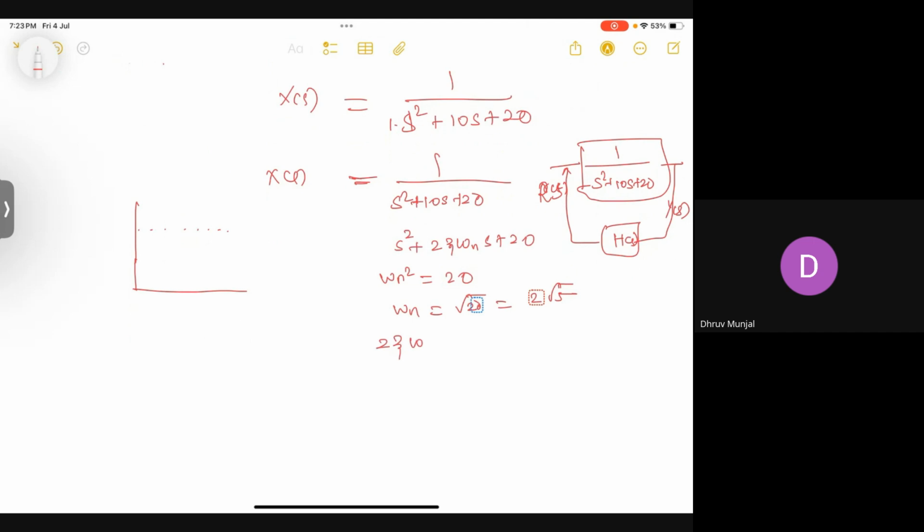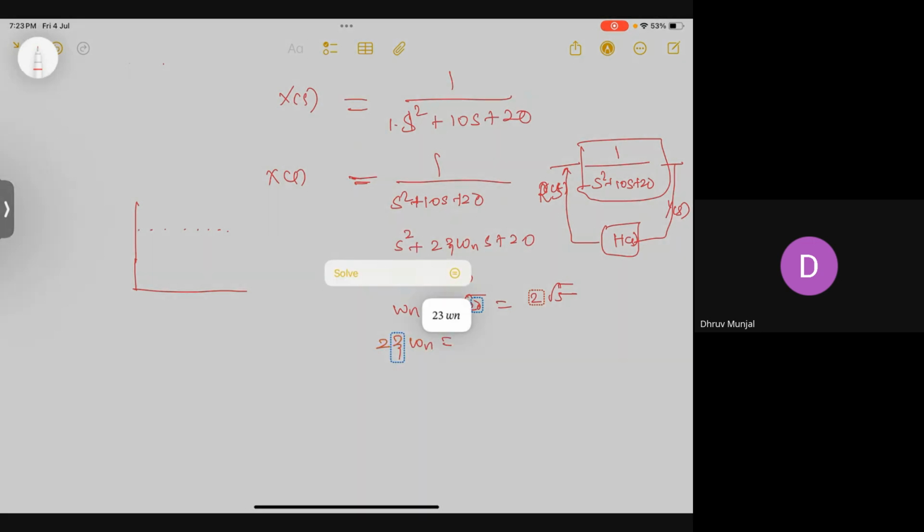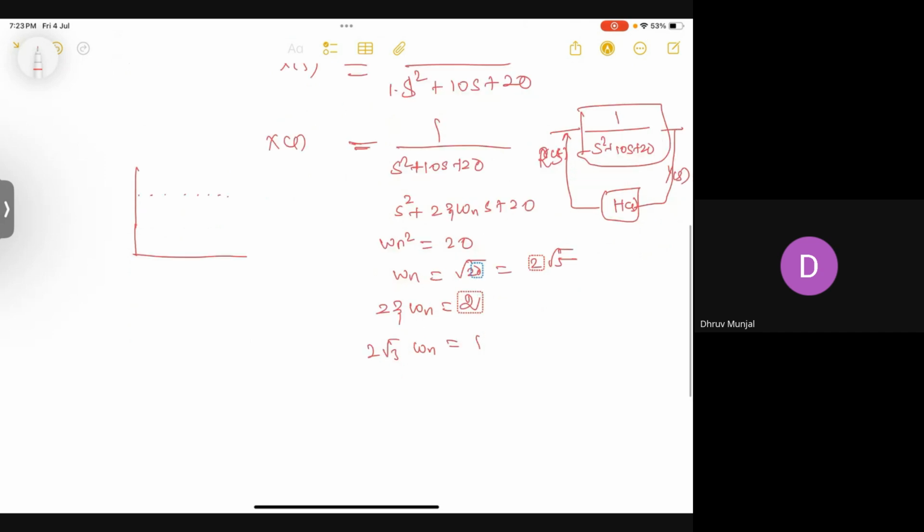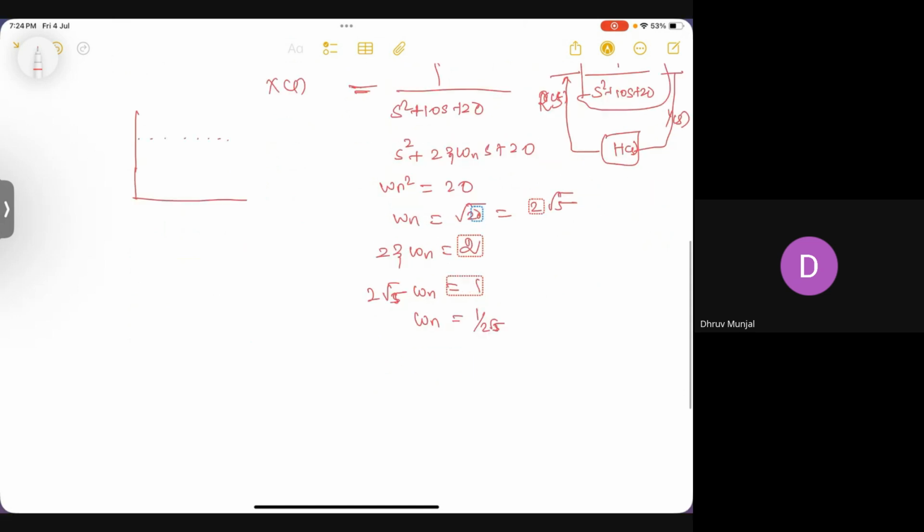If I make any mistake, let me know. 2 zeta omega n is equal to 10, so zeta will be 1 by 2 root 5. Okay, sorry, zeta will be.